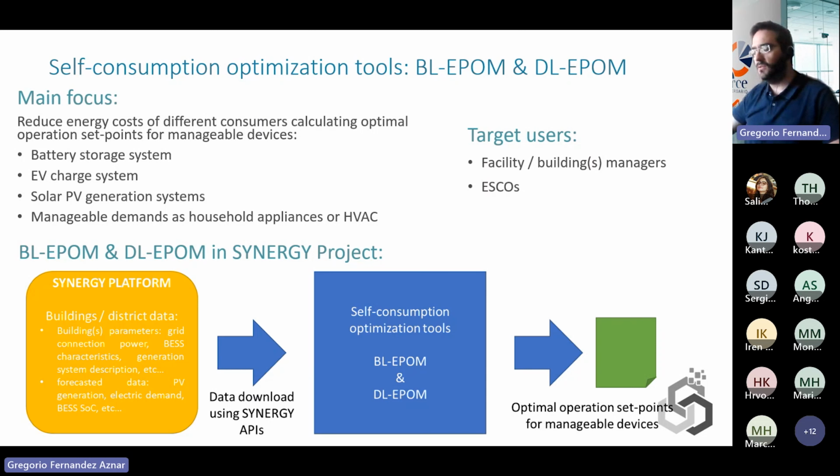All these tools have been programmed in Python using different libraries. The most important one is Gurobi, the Gurobi solver, or the optimization engine. And as we have seen in the real demo, the output of these tools is an optimal set of setpoints for these manageable devices: battery storage system, electric vehicle charging system, and solar PV.